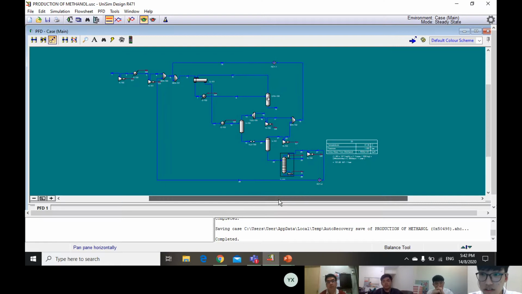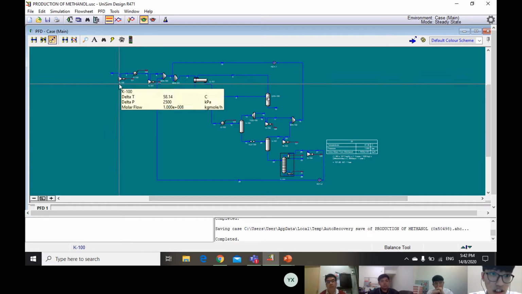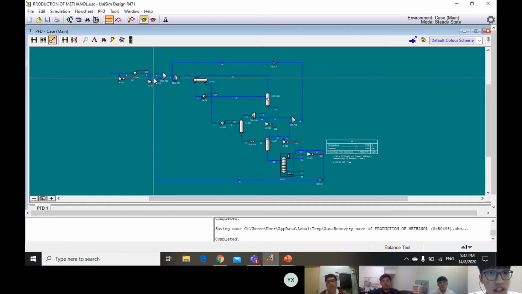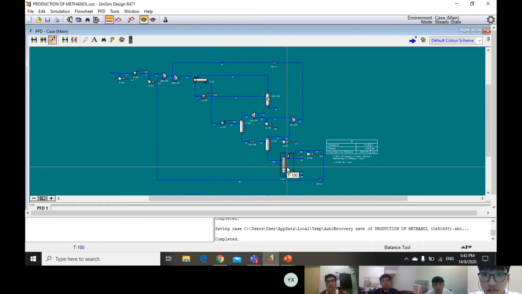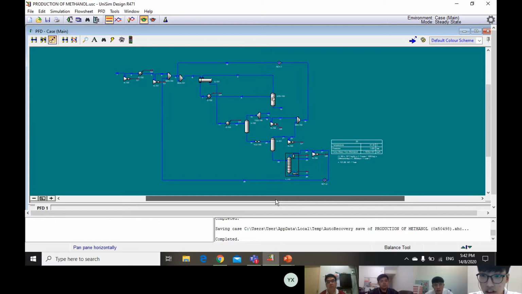The unit operations involved in this methanol production include a compressor, a cooler, mixer, heat exchanger, heater, equilibrium reactor, separator, and also distillation column.